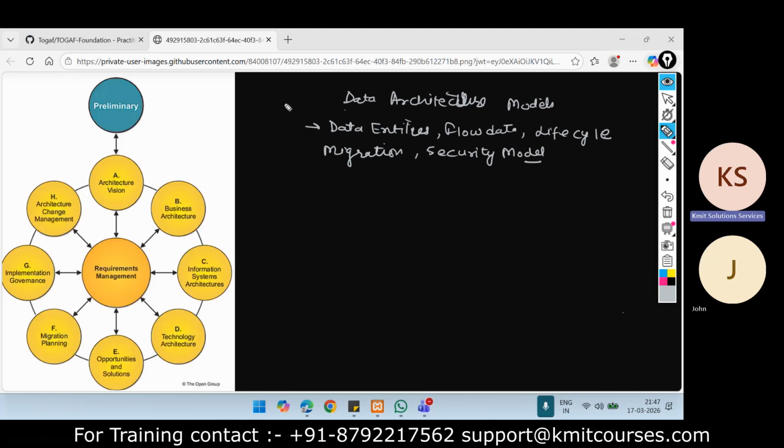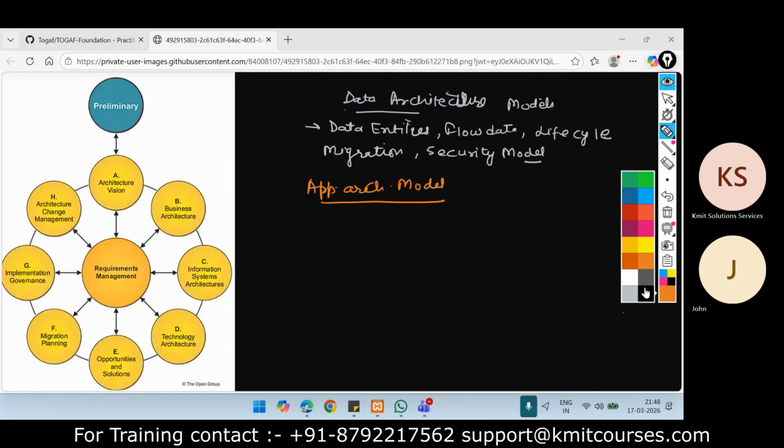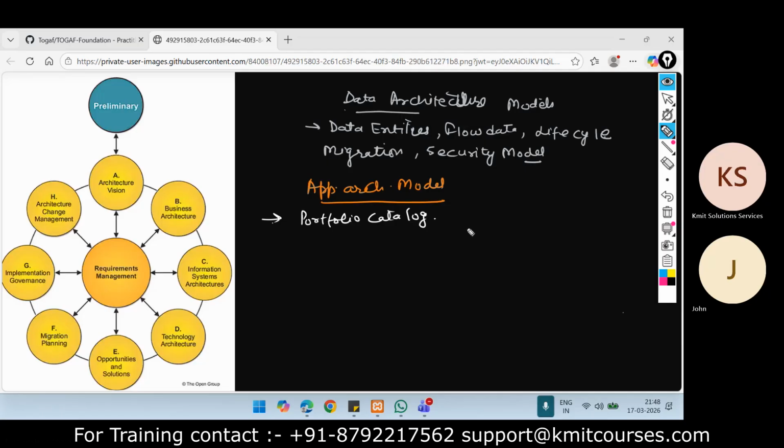Now, if we talk about the application architecture modeling, here when we talk about the application-related things, we need to have the application portfolio catalog, right?